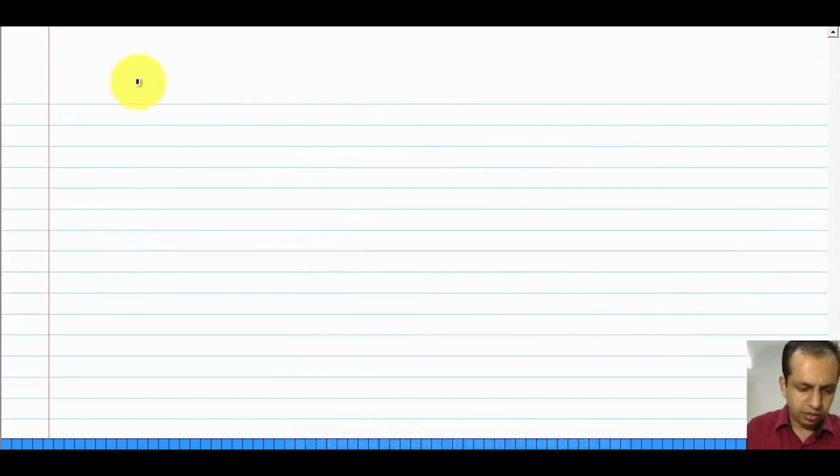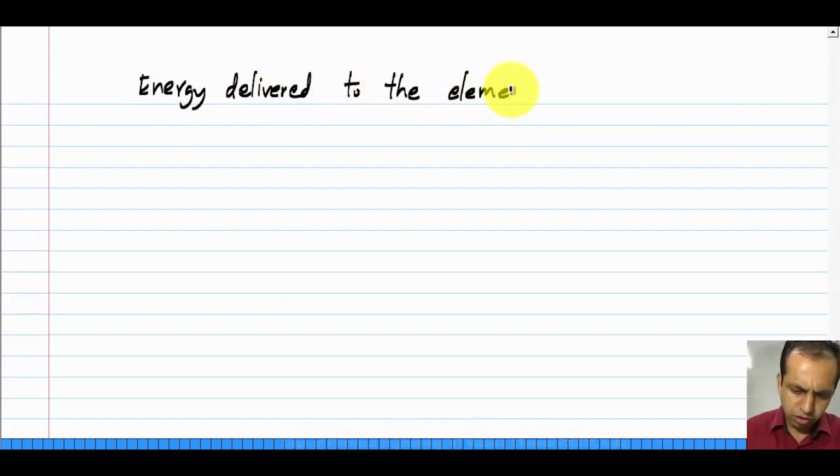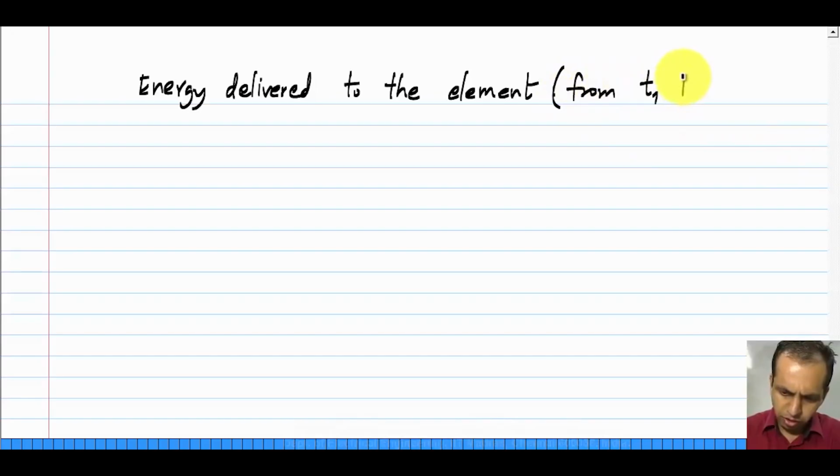Now, let us consider the energy delivered to the element. And now, we have to specify a time interval over which it is delivered. Let us say we take it from T1 to T2.